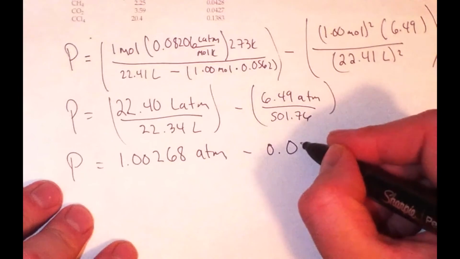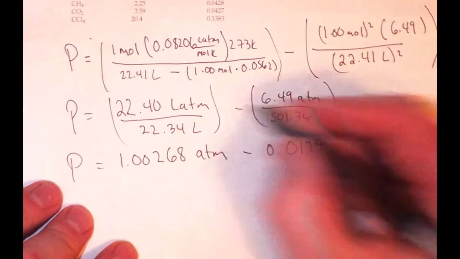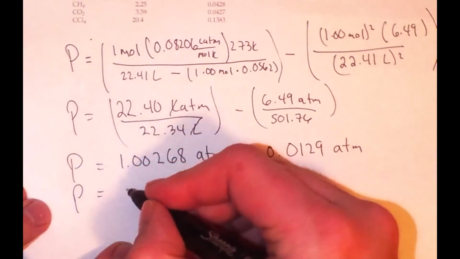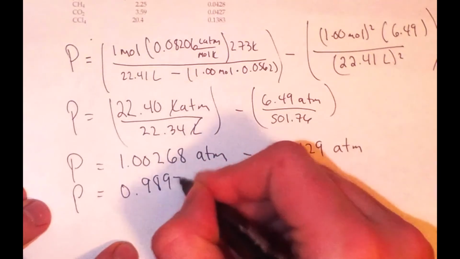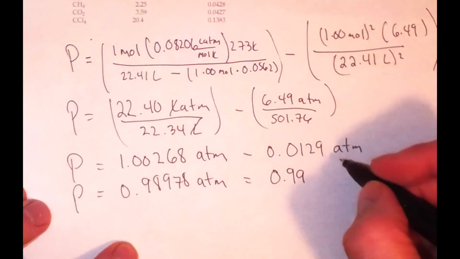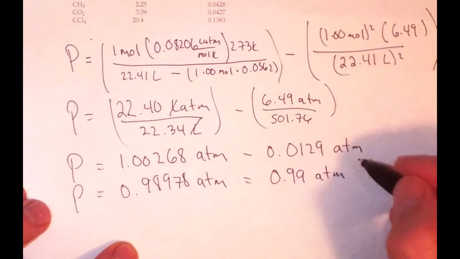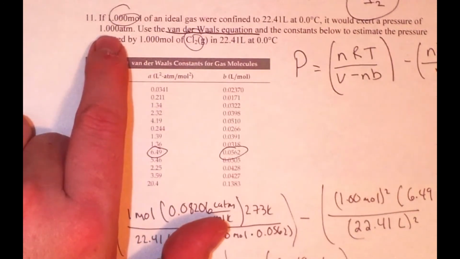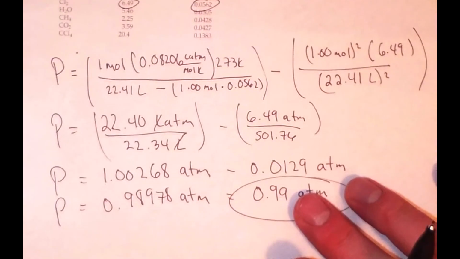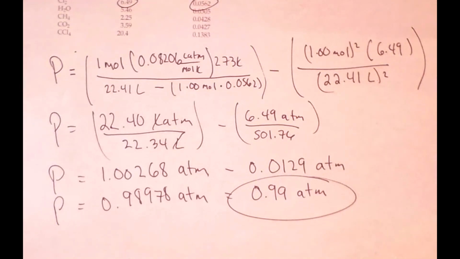Take away 0.0129 atmospheres. The liters would cancel here, doing atmospheres and atmospheres together. So using the real gas equation, I get 0.99 atmospheres, and the question has 1 atmosphere. So chlorine's going to behave essentially as an ideal gas at this value, and then it's only at incredibly small volumes or very low temperatures where we're really going to see any deviation.